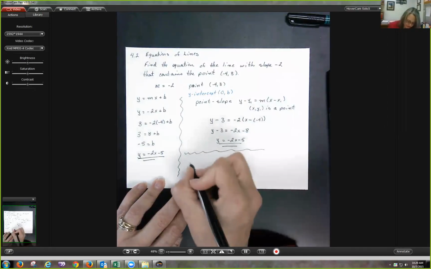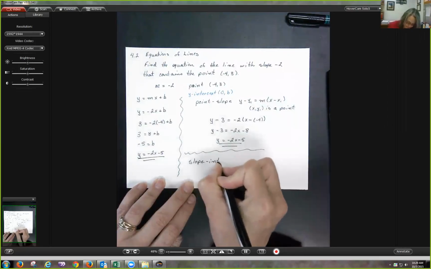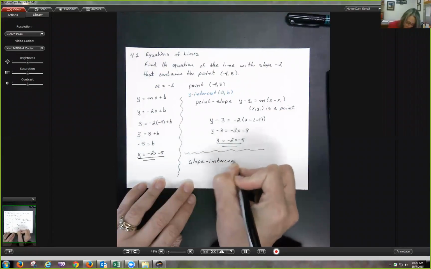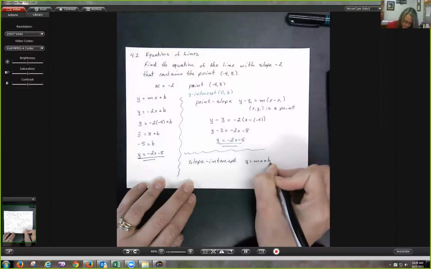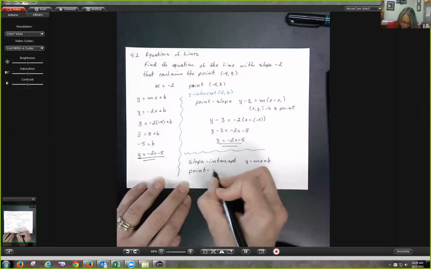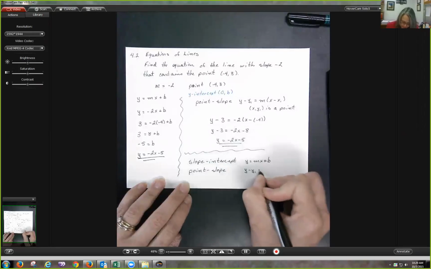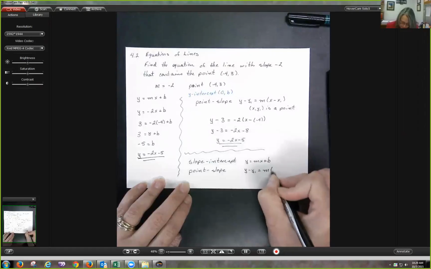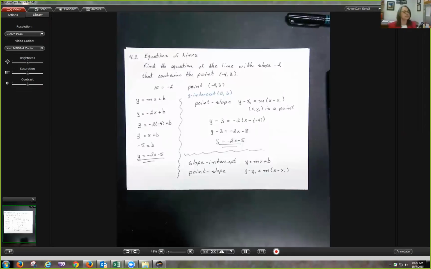You can either use the slope-intercept, which is y equals mx plus b, or you can use the point-slope form, which is y minus y1 equals the slope times x minus x1. They are both different ways of writing the equation of a straight line.